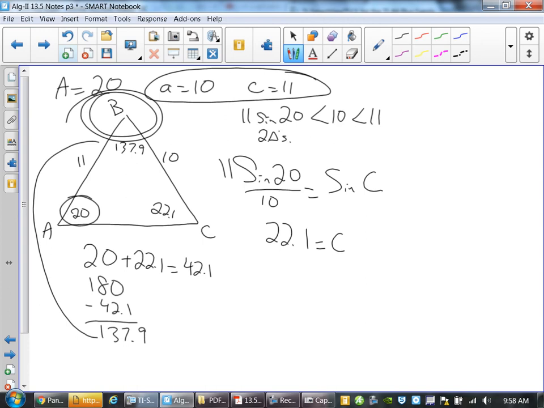I bet you the sine of 157.9 is the same number. Impressive, isn't it? That's why you look at whether there are enough degree measures left over inside that triangle to see if I can create this secondary triangle in this second quadrant where the sines match.